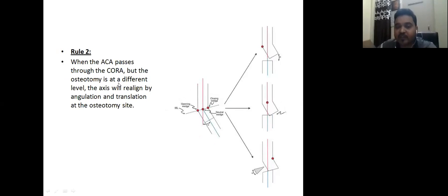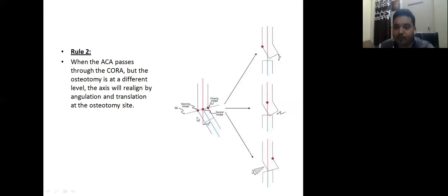Next, rule number two: when the angulation correction axis passes through the CORA, but the osteotomy is at a different level, the axis will realign by angulation and translation at the osteotomy. What I mean is that the angulation correction axis and the CORA are at the same level, but sometimes the deformity is very near to the joint. In those cases we can't do the osteotomy very near to the joint, because we will not get the result, and a secondary deformity could develop.